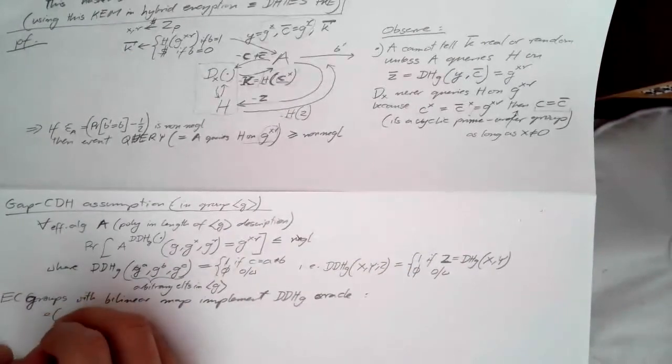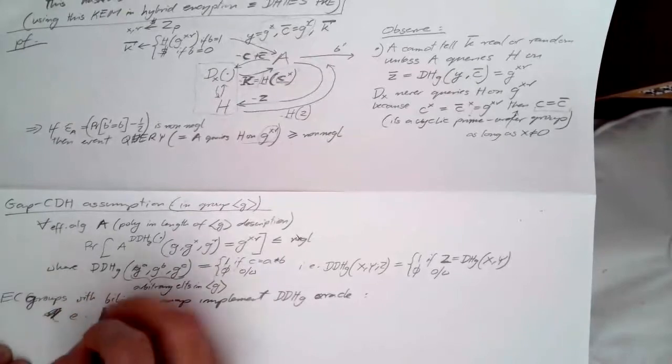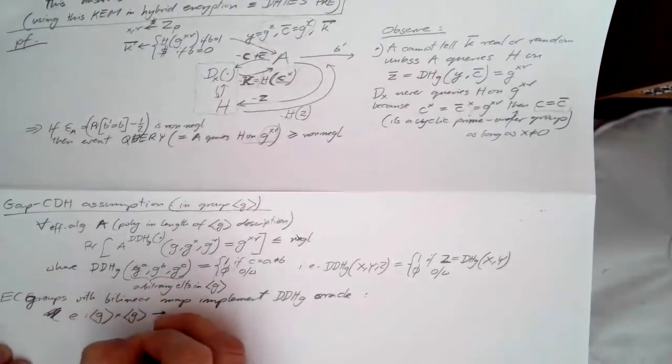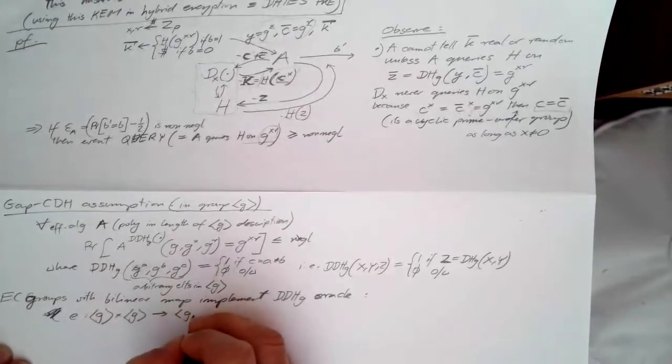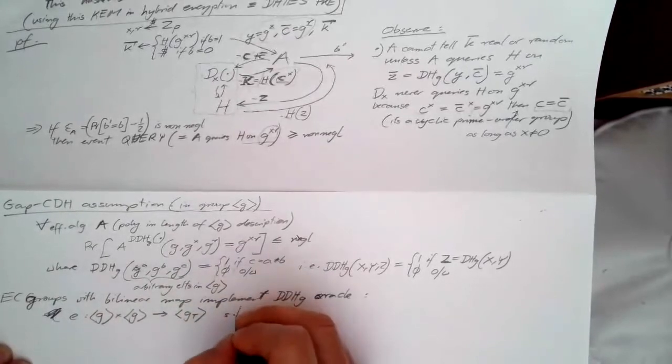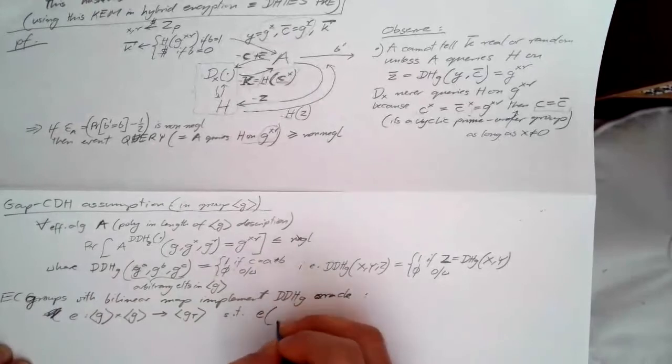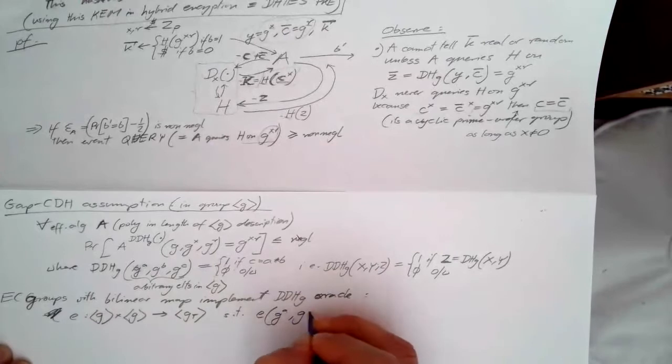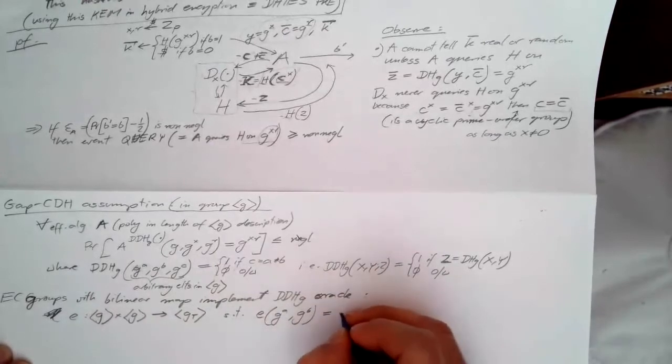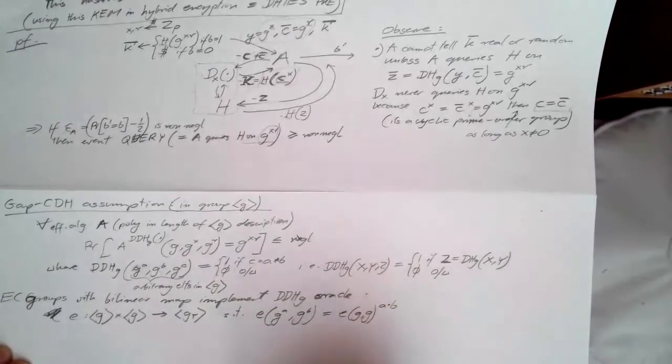A bilinear map is a map on the group to some target group, which is bilinear in the following way: if you give it g^a and g^b, it is the same as g^(ab).